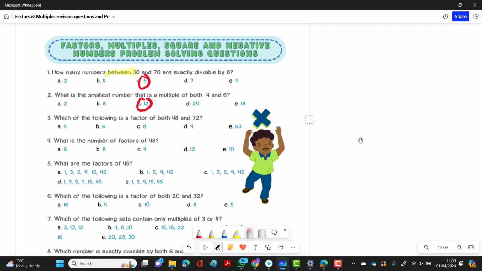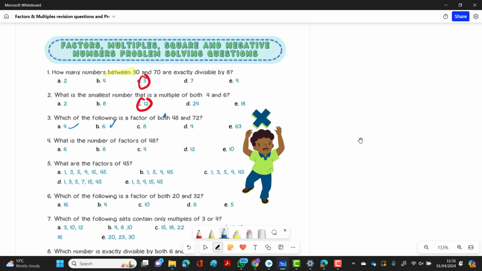Let's go for each one of those. 72 is in the 4 times table, 72 is 4 times 18, so that's okay. 6 is in both of them. 8's in both of them. Oh, so it's factor, sorry, not multiple. Factor. Yeah, 8's in both of them.